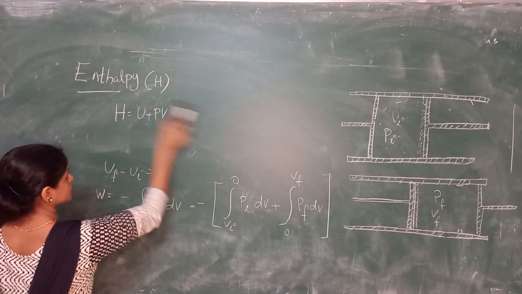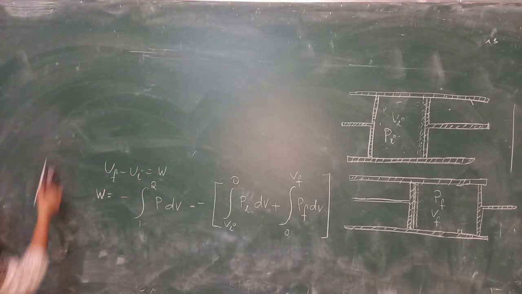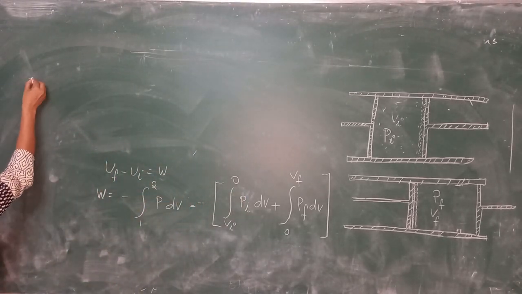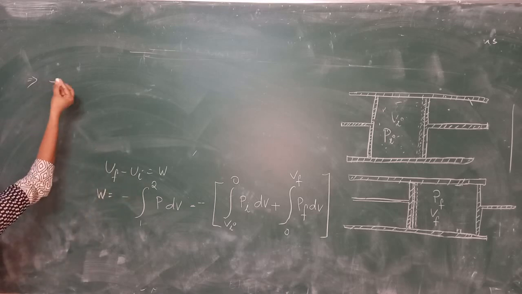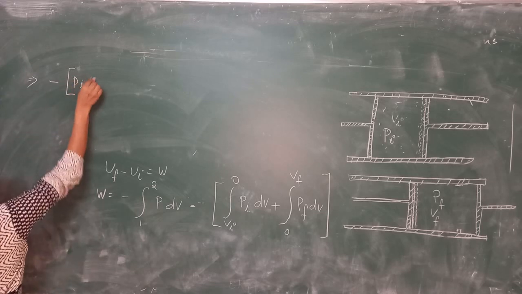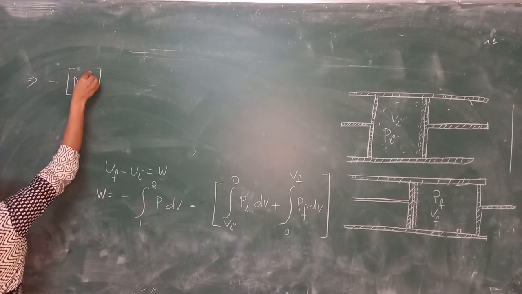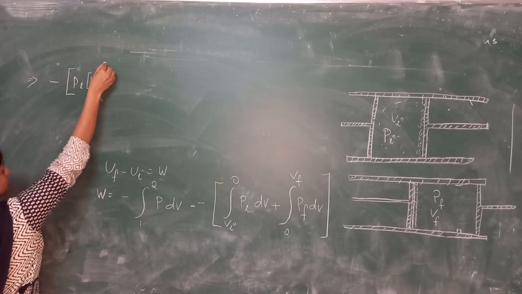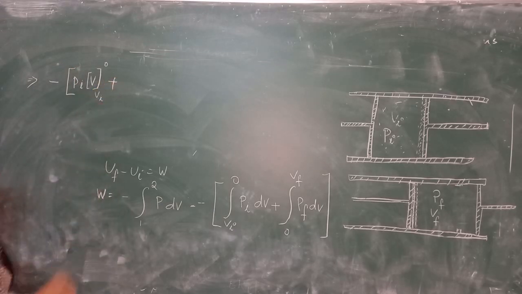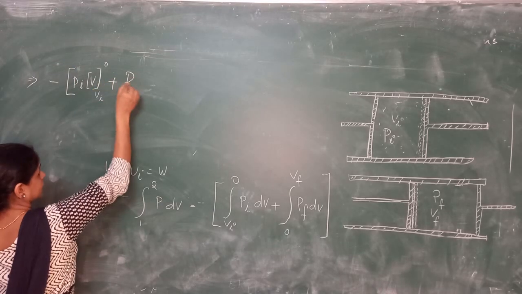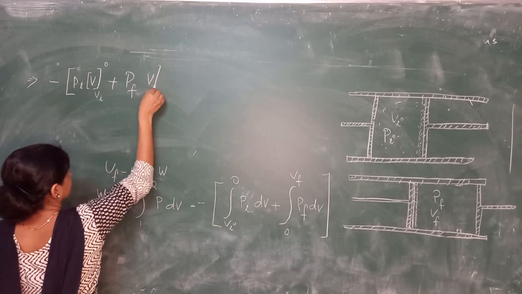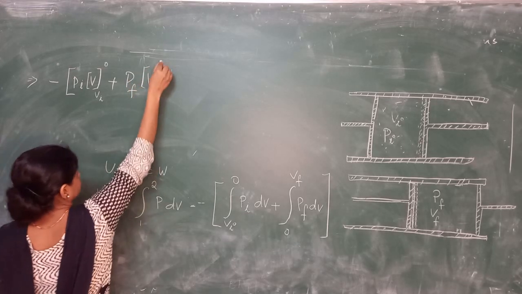So this is equal to minus of the integral of minus Pi dV from Vi to 0, plus Pf, which is a constant in the second integral, dV from 0 to Vf.